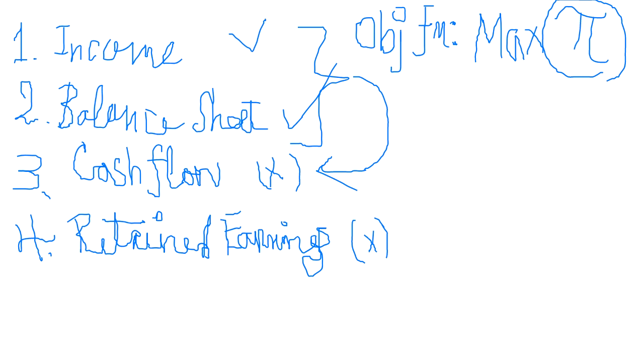So whatever is remaining belongs to the owners. So the profit is the output against the input, which was the equity capital provided by the shareholders.